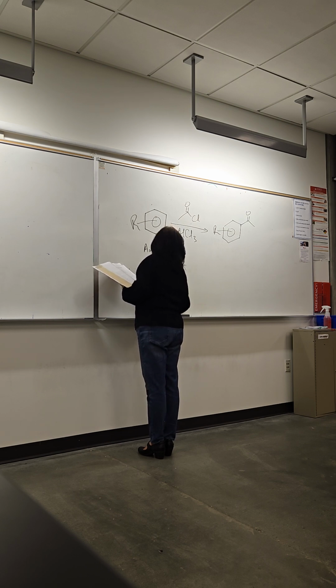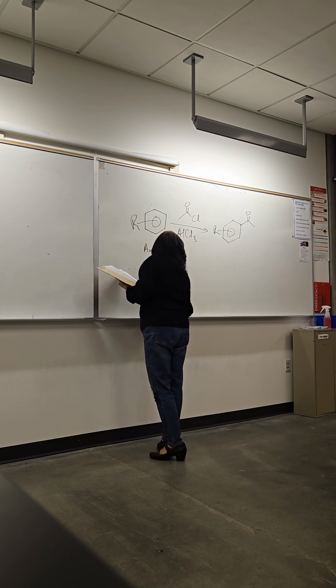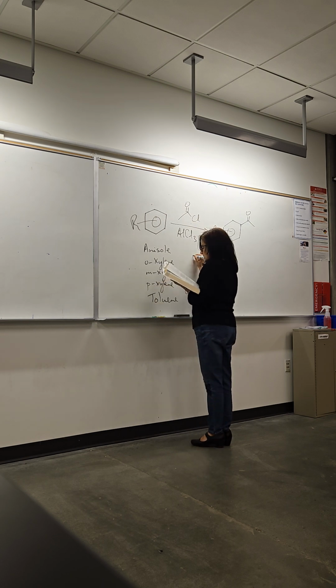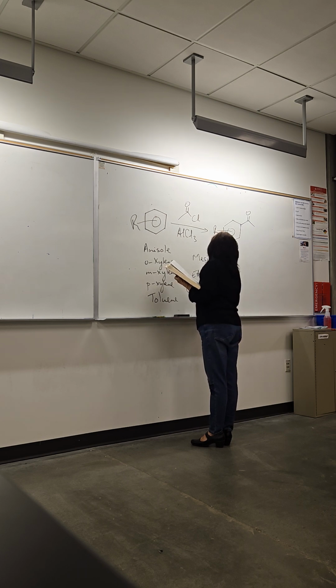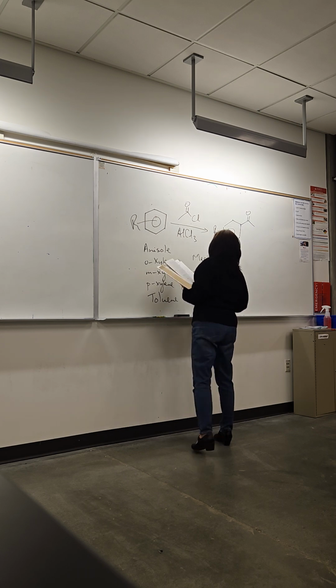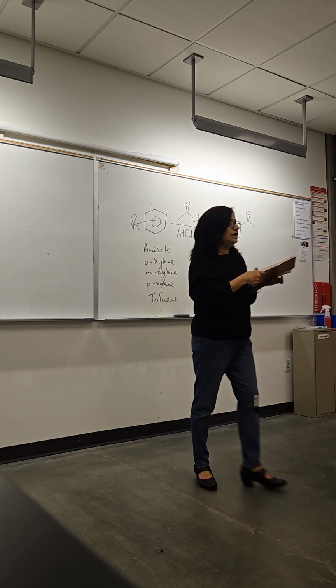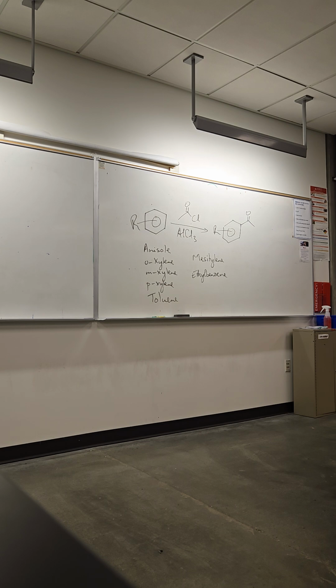Look up the structures, please. Para-xylene, or toluene, or what did I miss? Mesitylene, or ethylbenzene. These are the only possible compounds of benzene that the unknown can be.